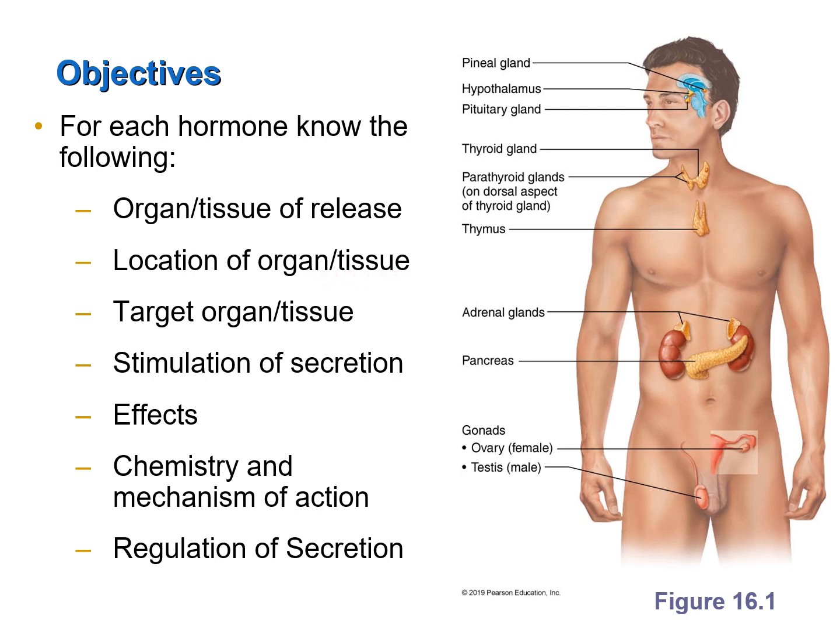You're going to need to know what the target organ or tissue is for that hormone. You're also going to need to know what stimulates the secretion of that hormone, the effects of that hormone, its chemistry and mechanism of action, and how that hormone is regulated. Is it regulated by positive feedback, negative feedback, or no regulation really at all?